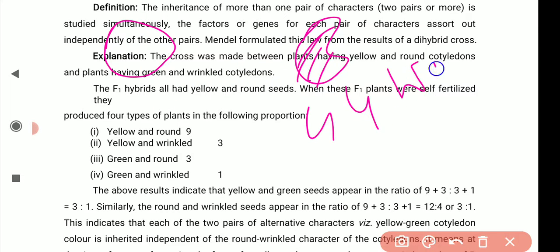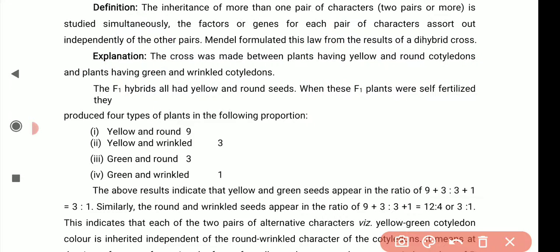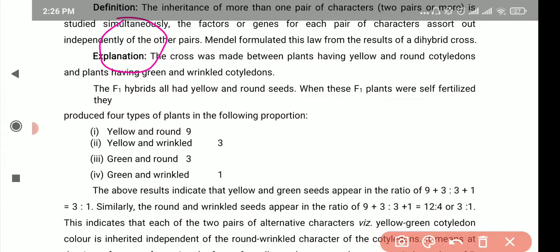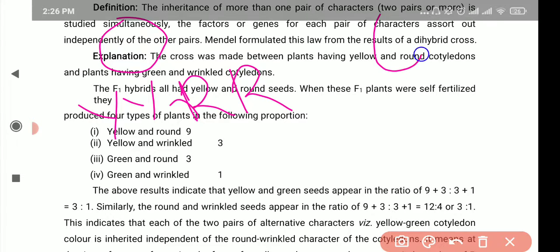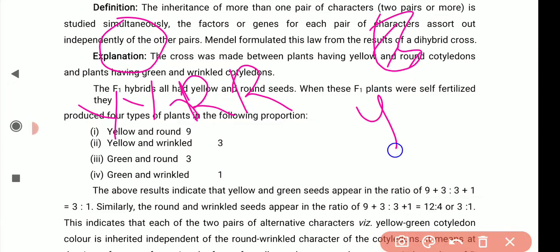This one is yellow and round, YYRR, and this is green and wrinkled, yyrr.